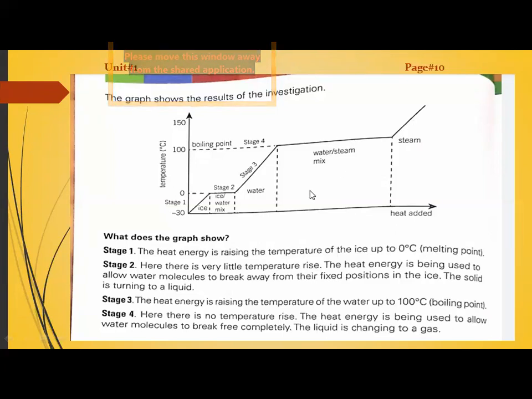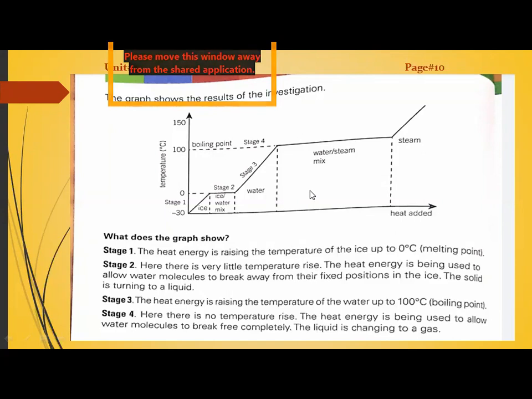So from this experiment, you can observe that at 0 degrees centigrade, the temperature of the ice remains the same until all the ice cubes are melted. Then its temperature will increase from 0 to 1, 2, 3, up to 100 degrees centigrade.